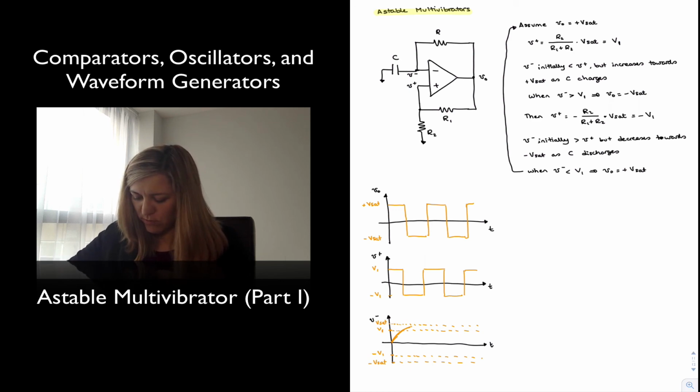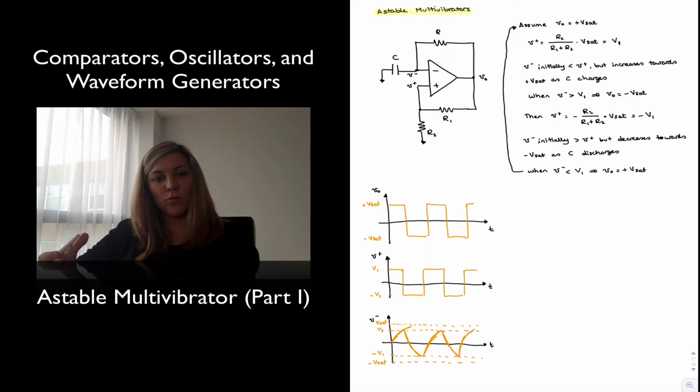And so if I were to represent it, once it reaches this point, then it's going to go negative. Once it reaches that point, it's going to go positive. Once it reaches that point, V plus goes negative, and this is going to start discharging, and so forth.